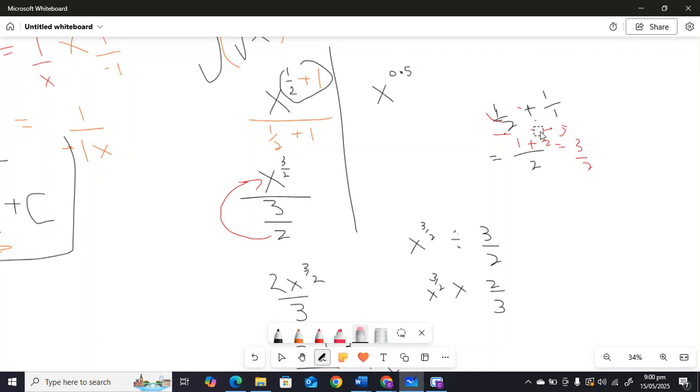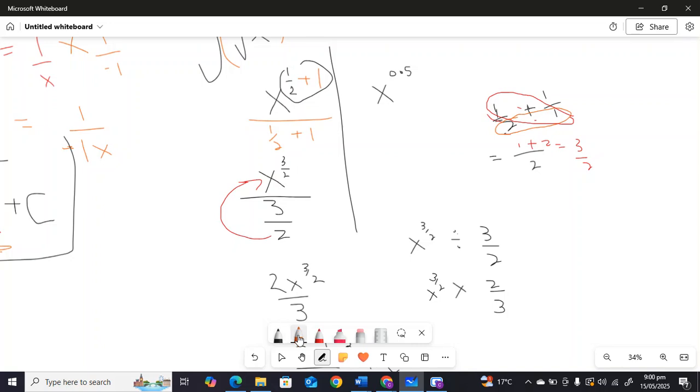You multiply the denominators. This is called the butterfly method. Multiply the denominators first. 2 times 1, 2. Then you come to the bottom right wing and you go diagonal. 1 times 1, 1.